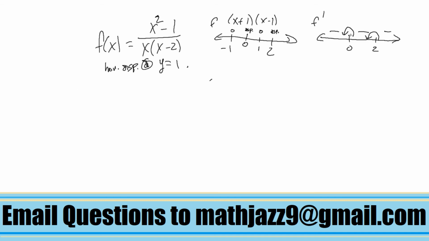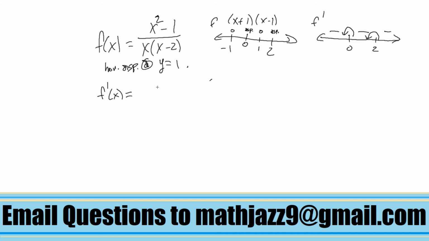Okay, so from here, we need to find the last thing, which is any inflection points. So we're going to need the second derivative. Oh, I shouldn't have erased our derivative. Well, I guess this gives us a chance to take our derivative using the quotient rule and the product rule.